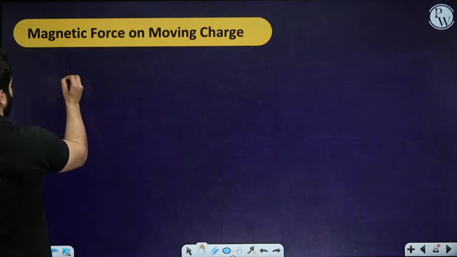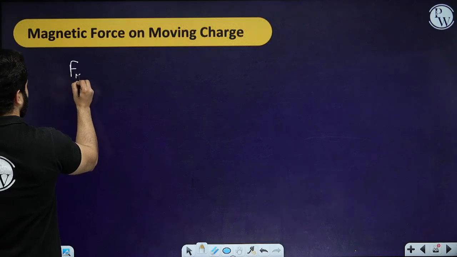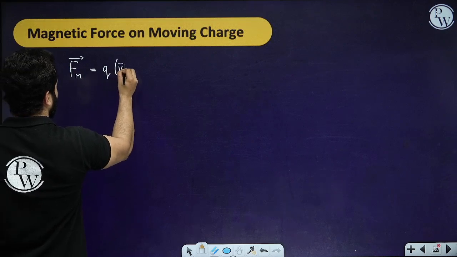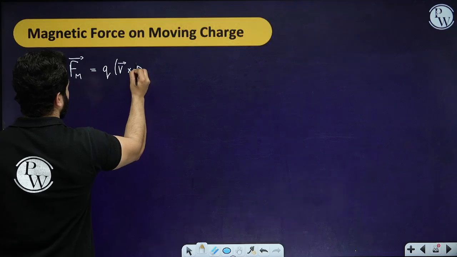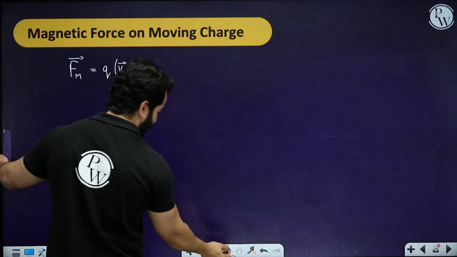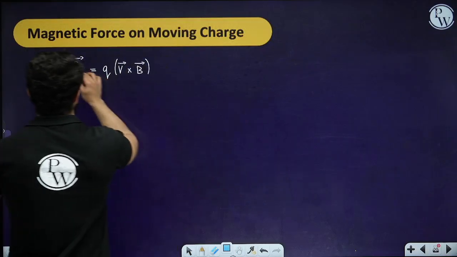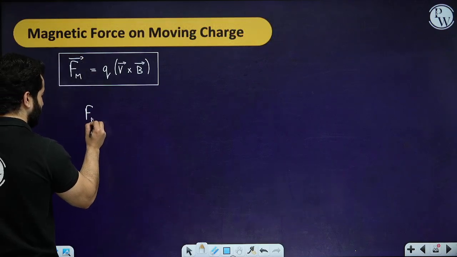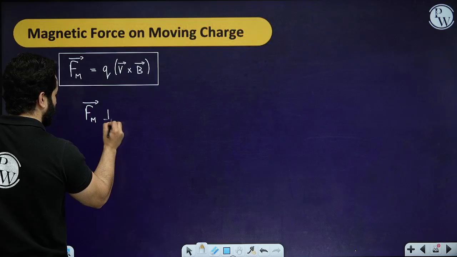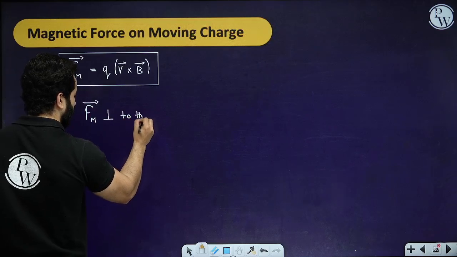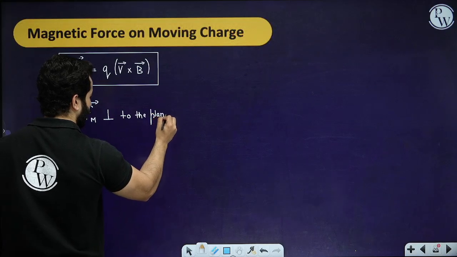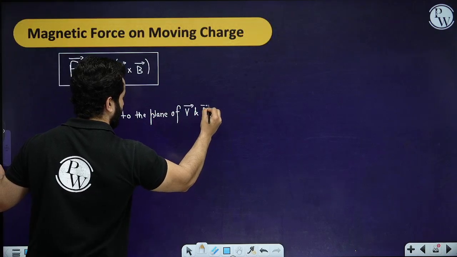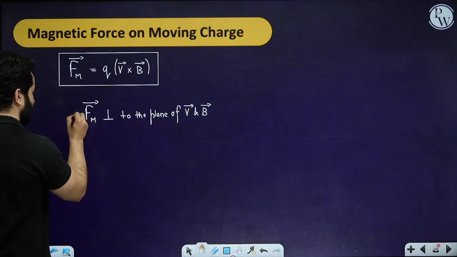So magnetic force will be written as Q times V cross B. This is going to be the value of magnetic force. Now what can we see from this force? This force basically says that magnetic force is perpendicular to the plane of V and B. This is the first thing.